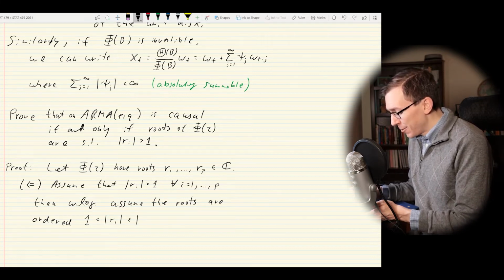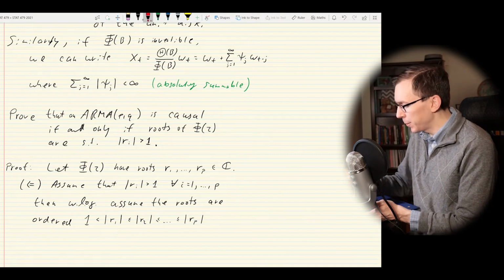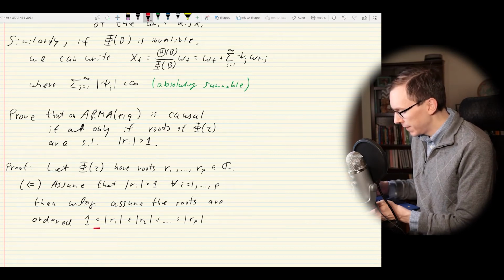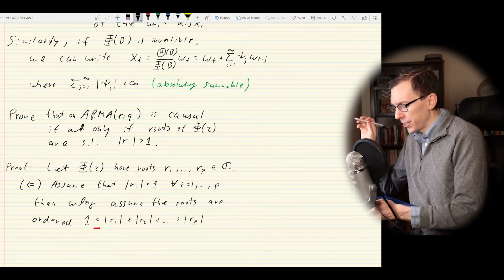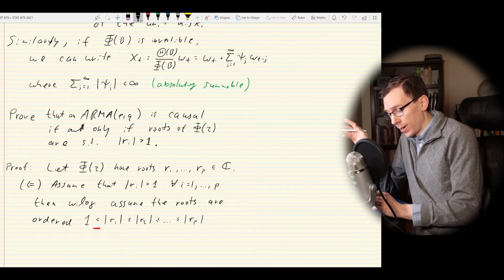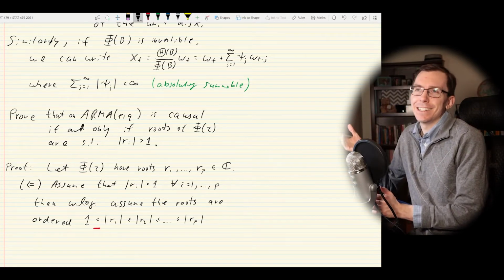What we really want is to say that the roots from 1 to p are going to be in increasing order. So they could be equal to each other. That's why I have the less than or equal to sign. But most critically, they all have to be strictly greater than 1. So we have to make sure that they are all greater than 1, but then after that, they could equal each other.